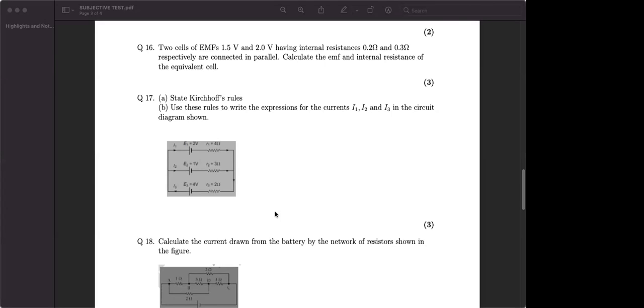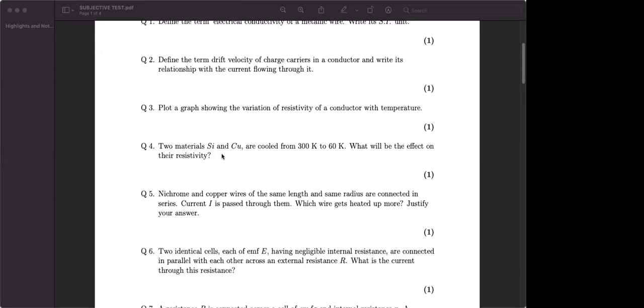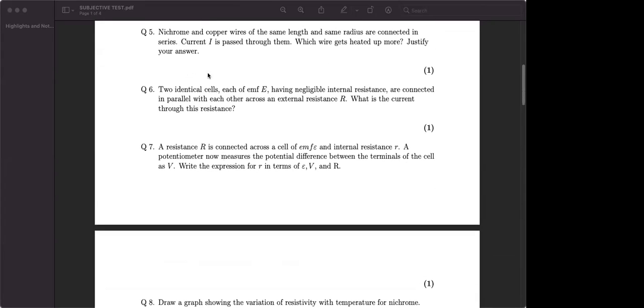I have sent the PDF on the WhatsApp also. Inza, Noha, Minashi, Hishma, did you get the PDF now? Yes, sir.